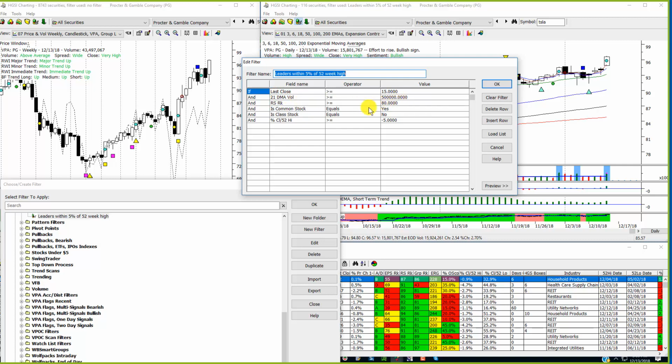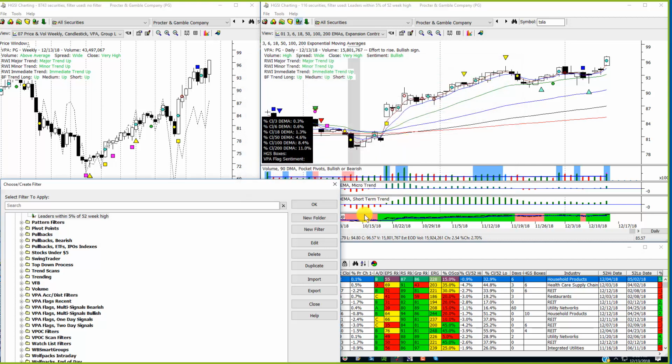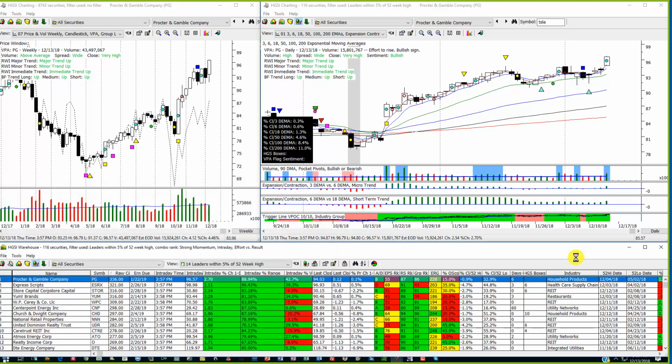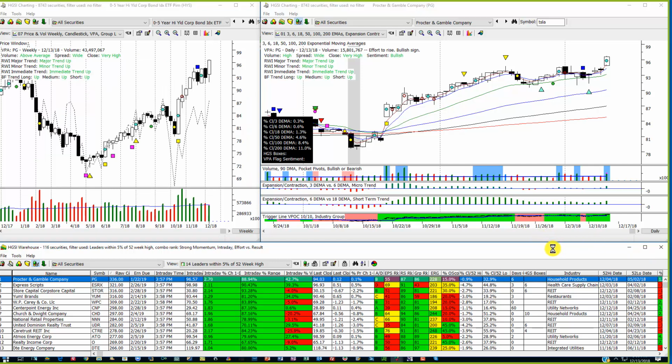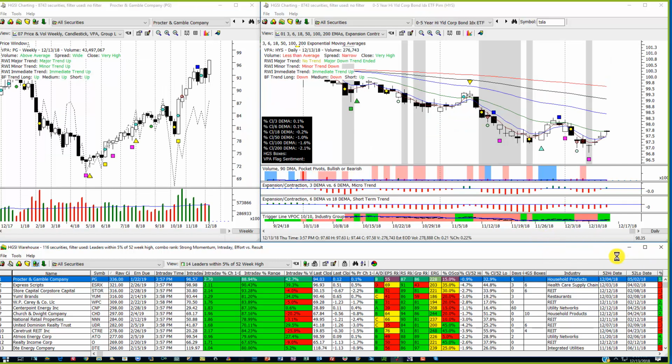And the other characteristic has to be an RS of 80 or above, but you can see $15 trading 500,000 shares, and this minus 5% close to the 52-week high greater than or equal to minus 5. So this is going to give you a list of leading stocks every day, and if you want to trade leaders, you're going to find some good candidates in here.